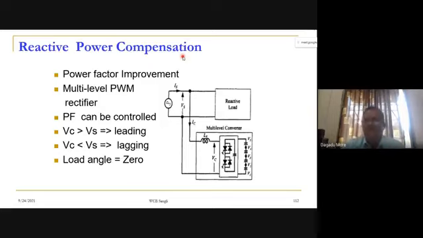So you know the load angle. Looking at this diagram, how do we define the load angle for this circuit configuration? The angle between two voltages we can call the load angle. Which two voltages?